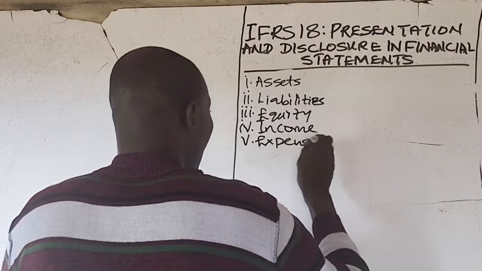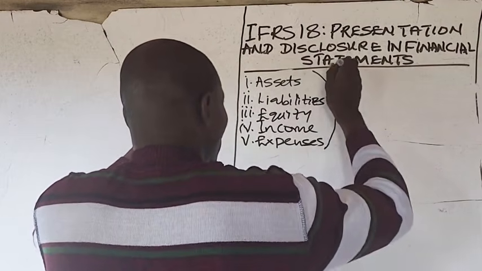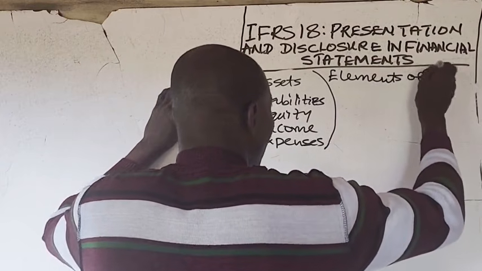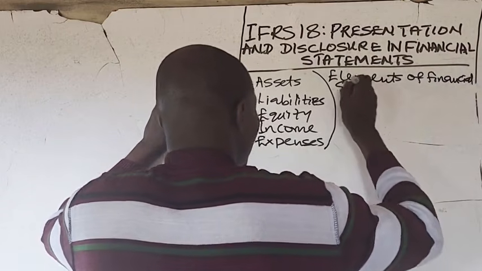These are the 5 elements of financial statements.